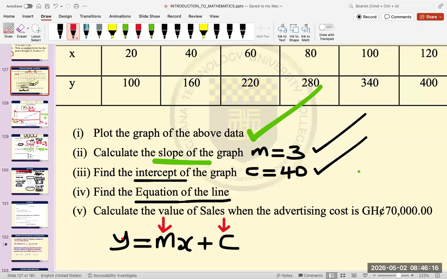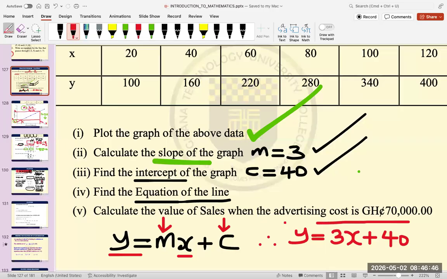Y is representing the y-axis. X is representing the x-axis. Therefore, we can write our final equation as y is equal to m is 3, x plus c is 40.